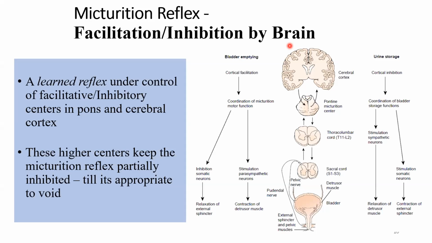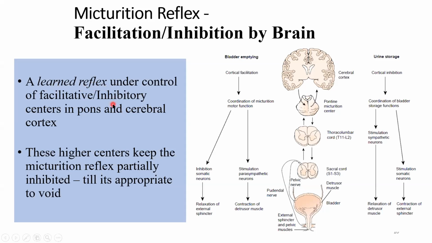You then call it a learned reflex, in which the boy or girl after 3-4 years now understands when to go to the loo, and when it's not appropriate. So holding on urination at lower volumes of the bladder is really something that you learn, and hence we say that's a learned reflex.